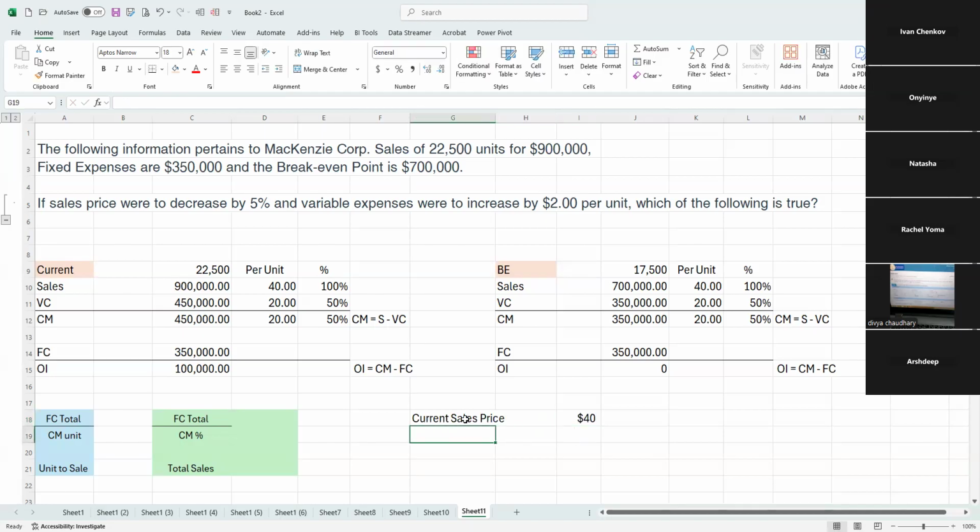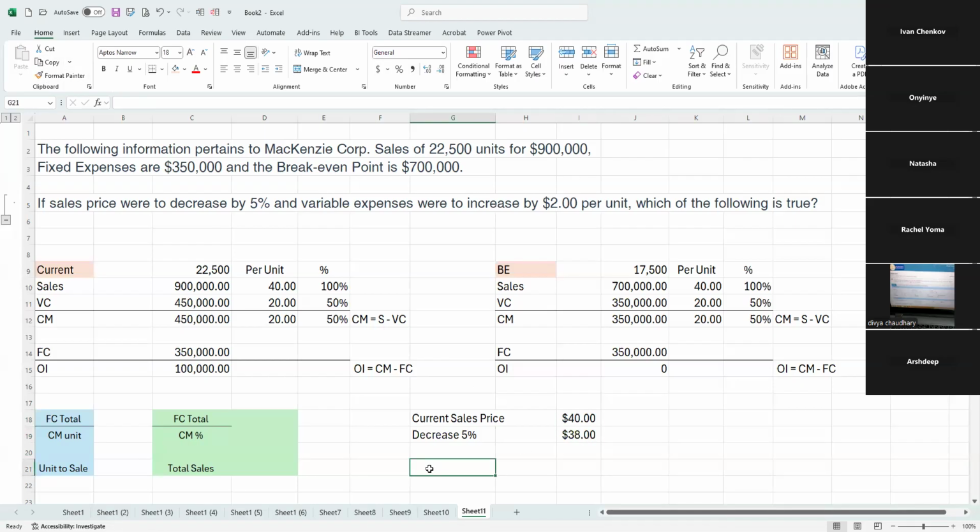Now, decrease by 5%. What does that mean? 40 times 0.95. So the new price is $38. Correct? Okay, so that will be my new price.